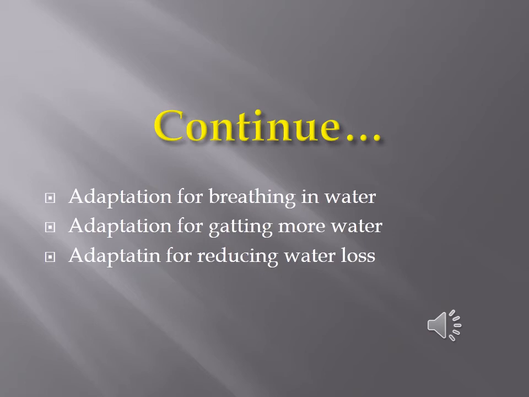Now our last topic is adaptation for reducing water loss. Plants lose water through the stomata in their leaves, as you know, by the process of photosynthesis. The larger the leaf, the more water is lost. The larger the surface, the more water is lost.